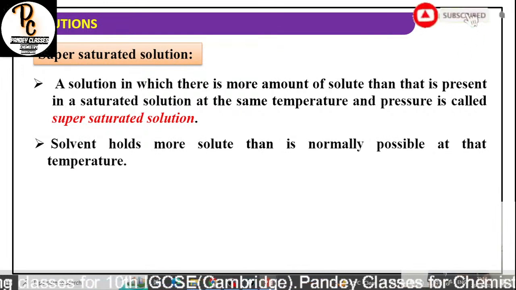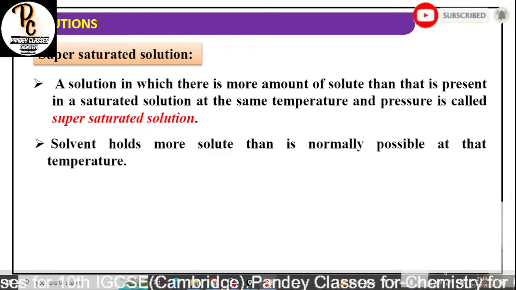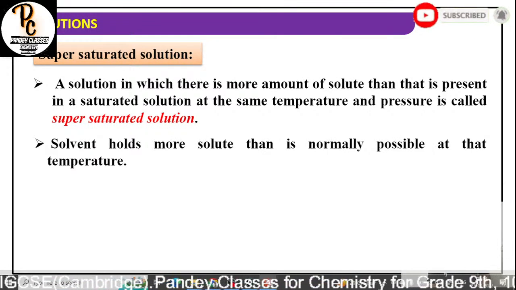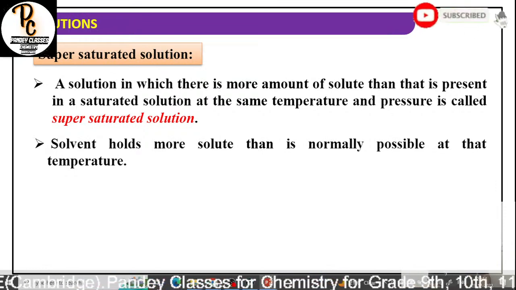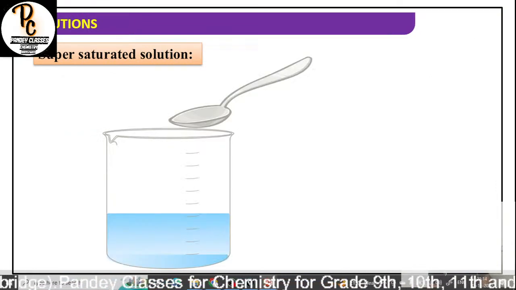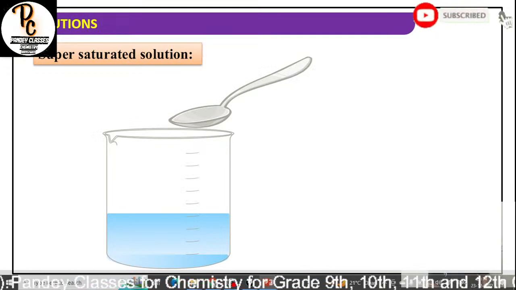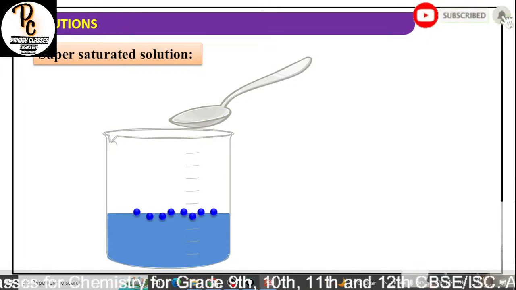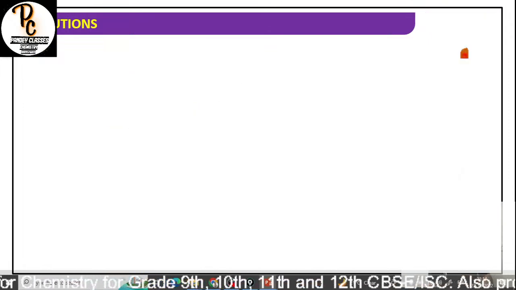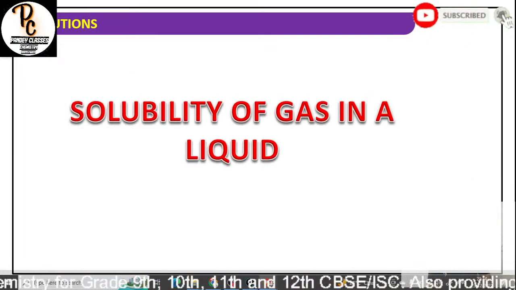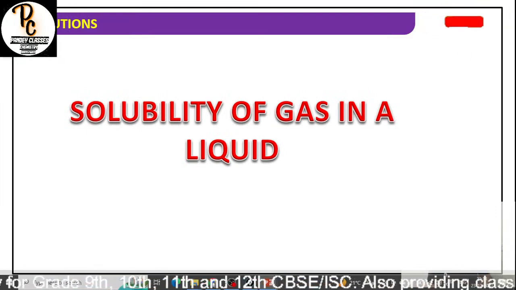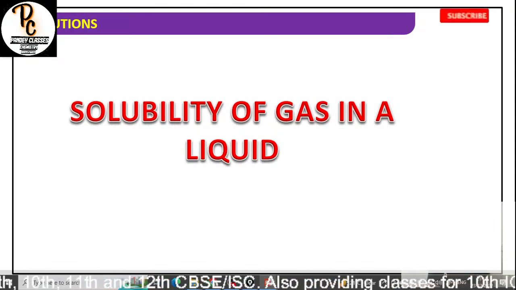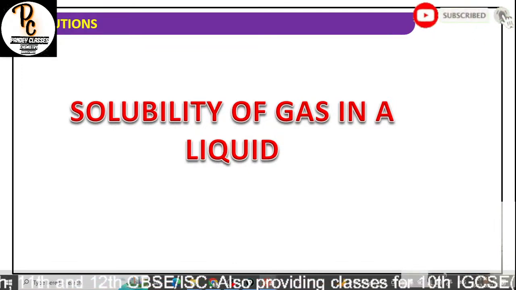That's why we call it supersaturated. The solvent holds more solute than is normally possible at that temperature. Suppose this is one solvent, we add solute into it, and it holds the maximum amount of solute compared to the saturated one, then only we call it supersaturated.